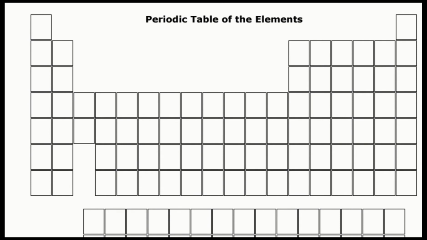First of all, each of these rows represents an energy level. This is my first energy level, so we're going to call it n equals 1. This is n equals 2, n equals 3, and so forth. Next, the regions.